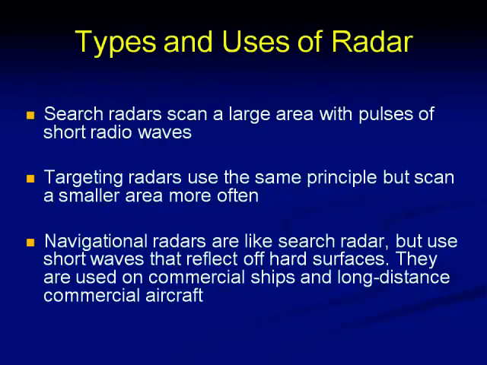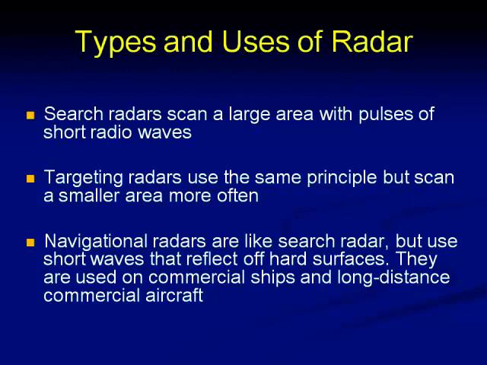Such radars scan a large area with pulses of short radio waves. These are generally to first identify whether there are any incoming targets before the radar system. Once a target is identified, then a tracking radar will take the data of this incoming target on a continuous basis and project it as the trajectory of this target for easy cancellation using a firing gun.